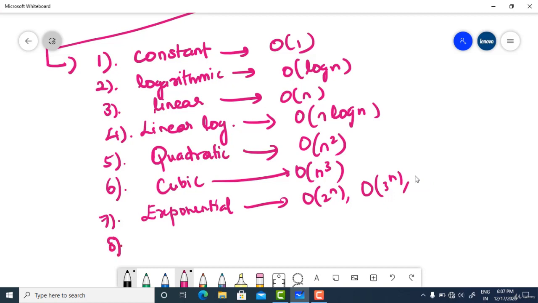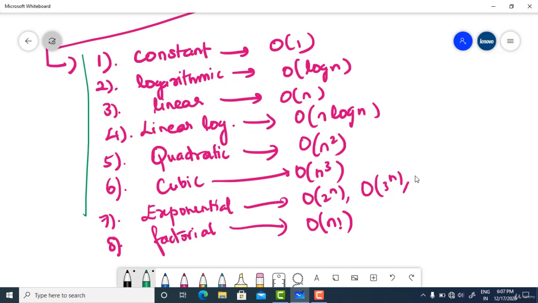And the last one would be factorial time complexity, which is the worst, O of n factorial. So I have written in the order of efficiency. You can see that constant time complexity is way more efficient than logarithmic, and logarithmic is way more efficient than linear.